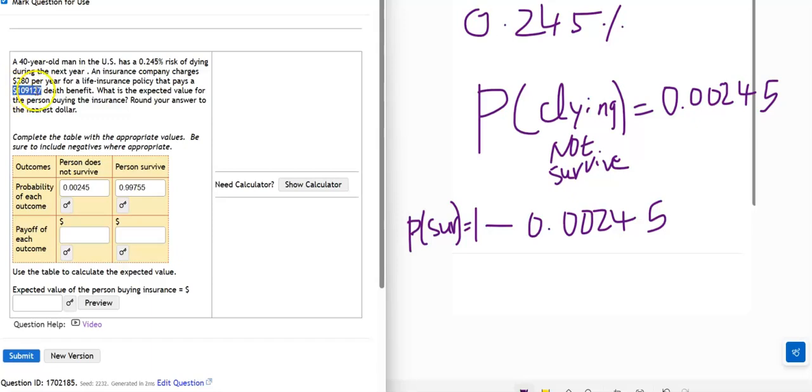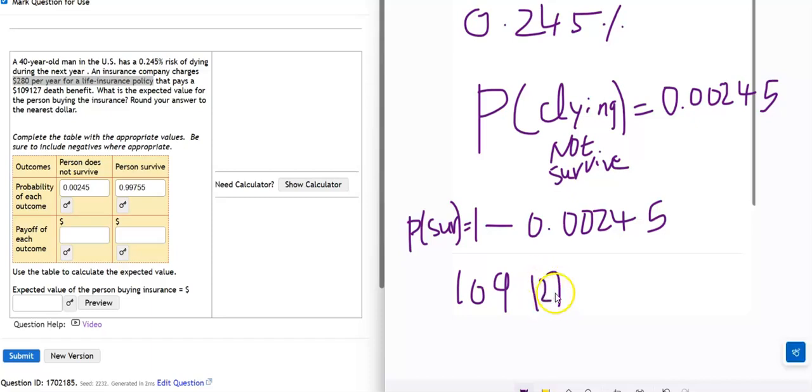But notice that $280 was already paid to the insurance company to buy the policy. So actually, if the person dies, the family is getting 109,127 minus $280. You know why? Because this is paid at the beginning to buy the insurance.